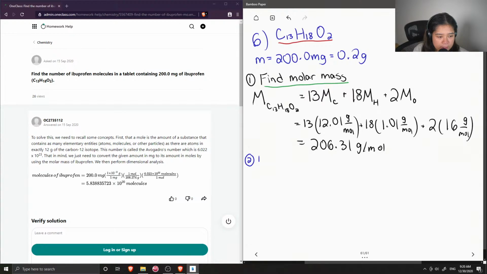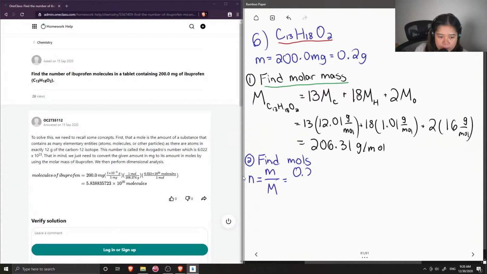Second part is to now find the number of moles of ibuprofen. So to do this, it is just the mass divided by the molar mass. So this is why I converted our 200 milligrams to 0.2 grams, just so that I can cancel out the grams when I divide by the molar mass.